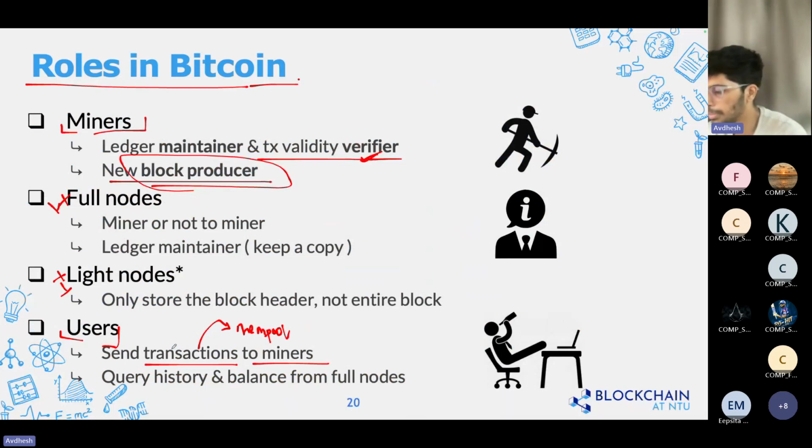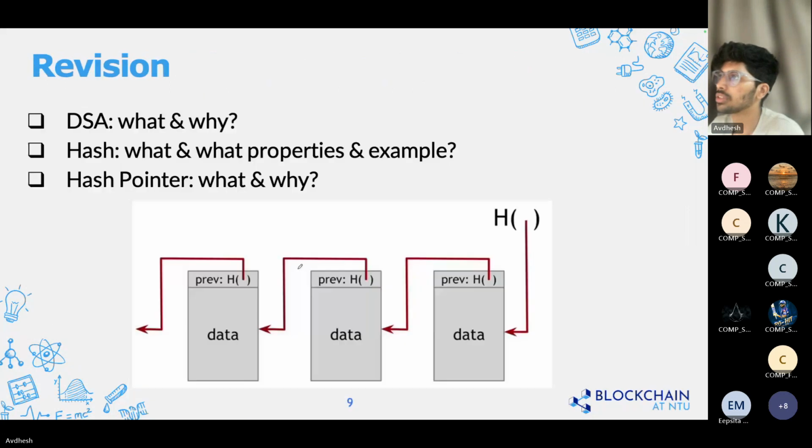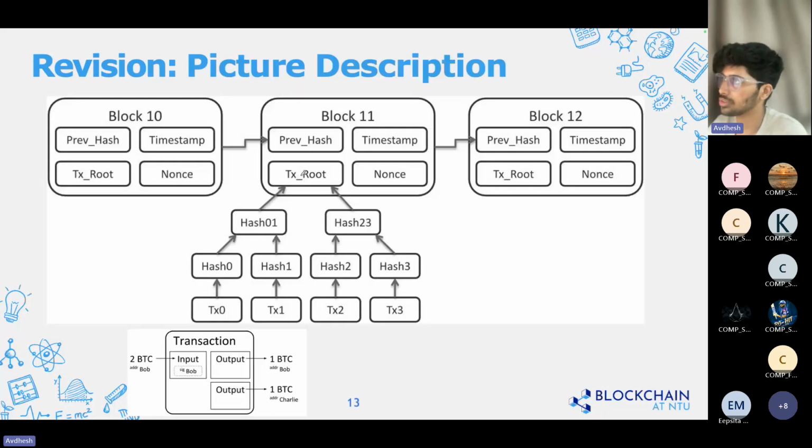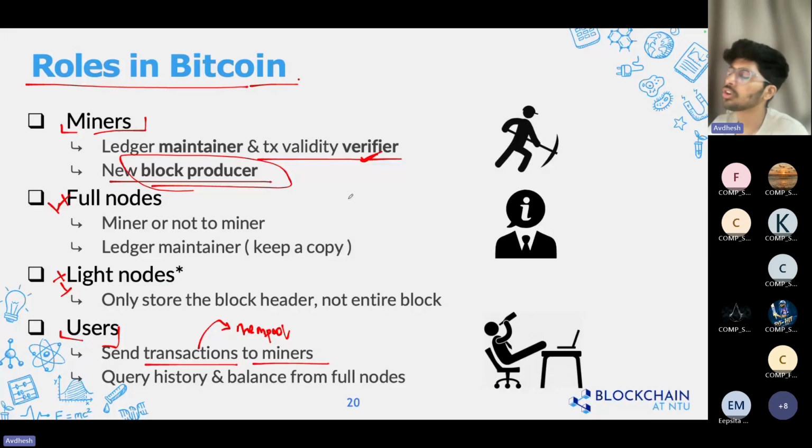So all the Bitcoin transactions that have not been verified yet are in the mempool. After the mempool, miners decide which transactions to add as data inside the block, as we saw here, as the transaction root.